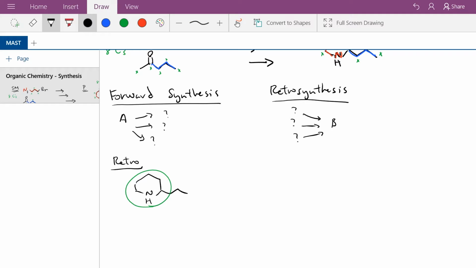So in that case, you would draw this retrosynthetic arrow saying, okay, maybe I have an NH2 here and a good leaving group, the Br. And this is plausible because the N here can attack this to give you your final product. So here's one possibility.